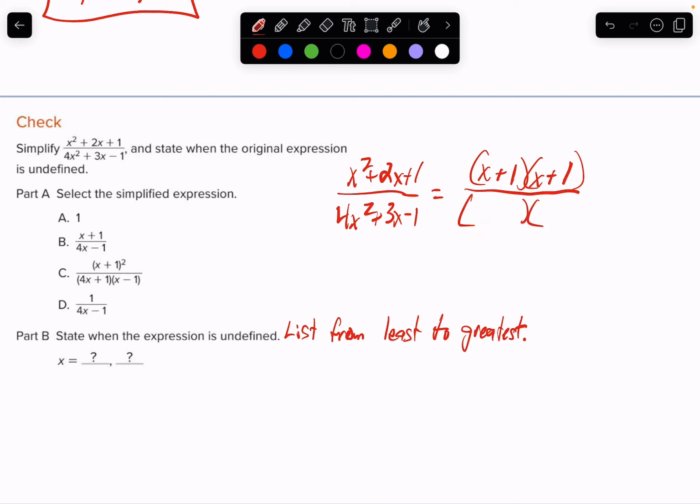So as we break this, I've only got x plus 1s in the top. So it's likely I'm going to get an x plus 1 in the bottom. Now this one's a little trickier because there's a 4 here and I can't factor it out. But factors of 1 are easy. I know it's a 1 and I know it's a 1.